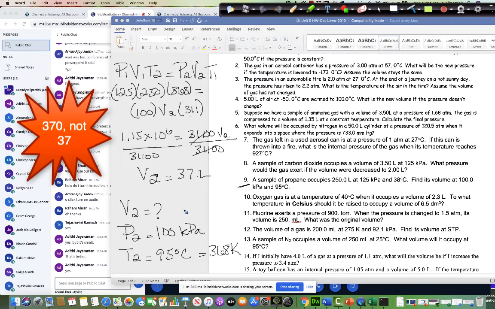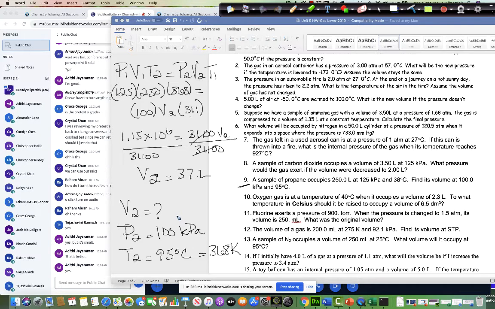All right, so do we think that we're good with combined gas law? Because if so, I'm just going to move on. We'll do an ideal one, and then anything that you guys have questions on, we can go over those.